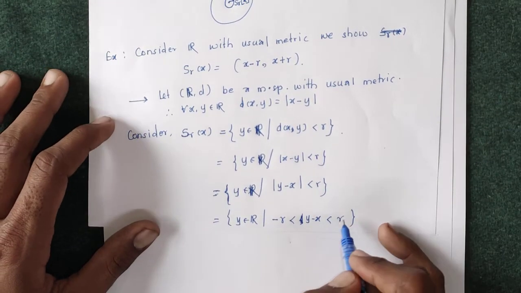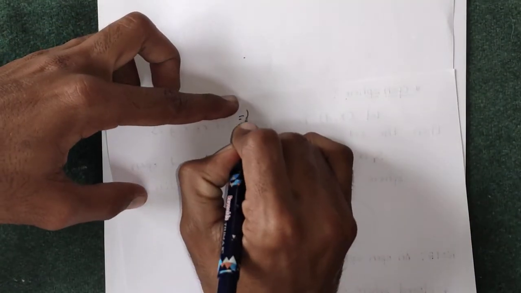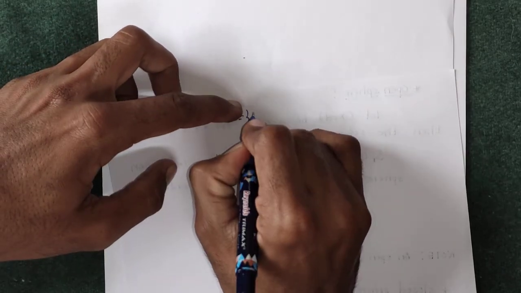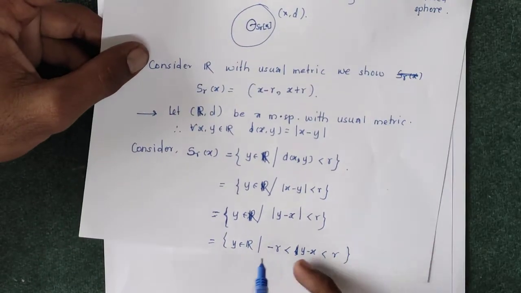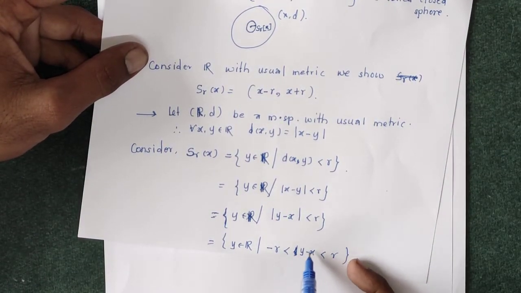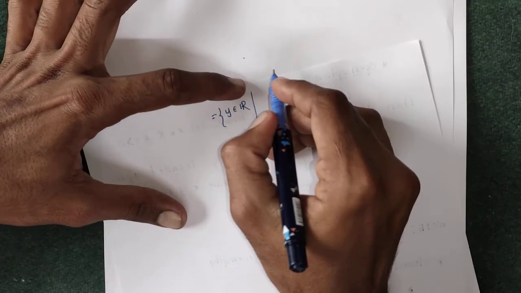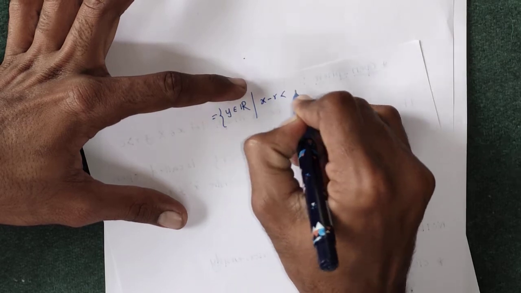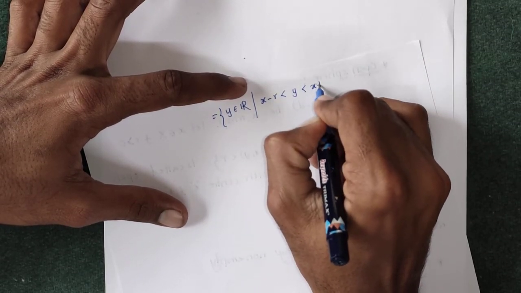Now adding x on all three sides, we get x minus r less than y less than x plus r, since minus x gets cancelled.